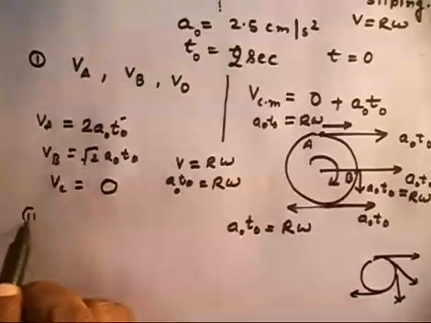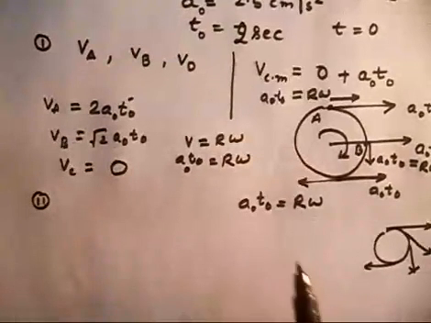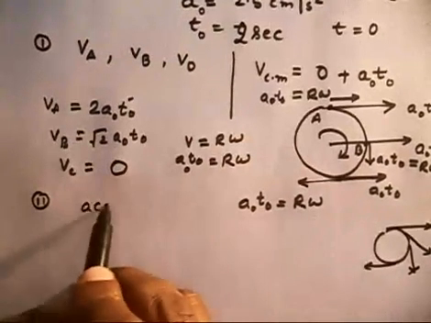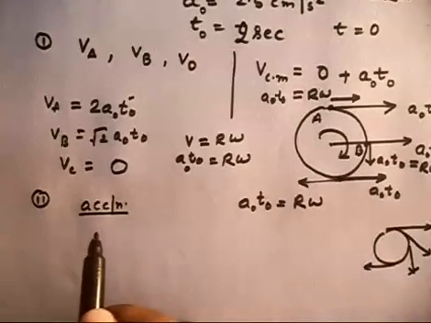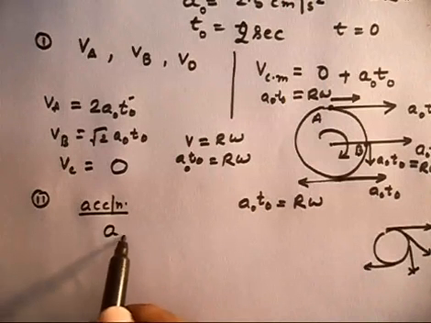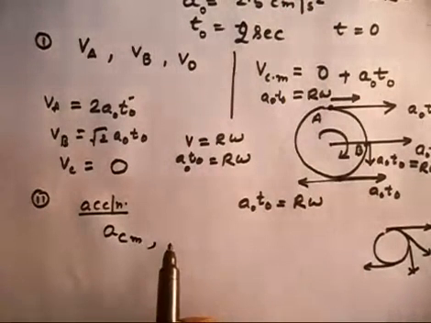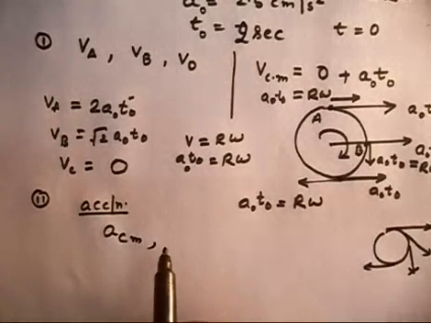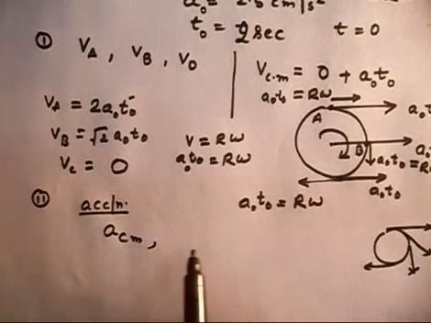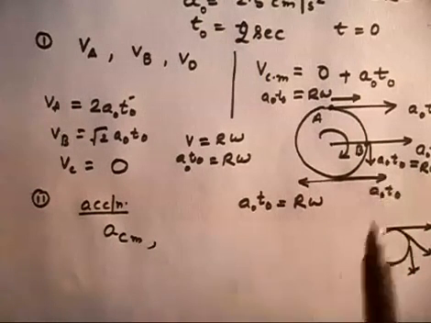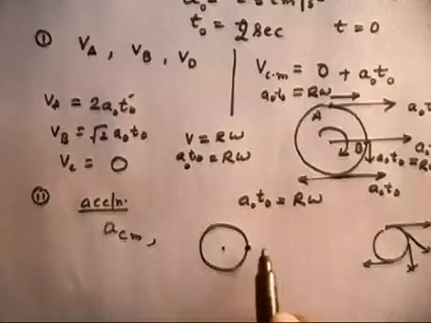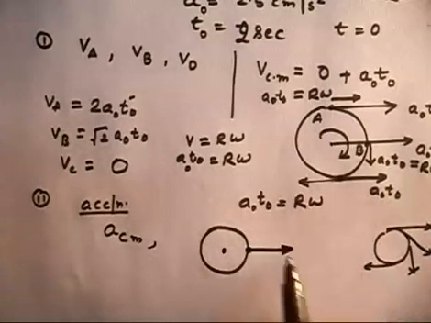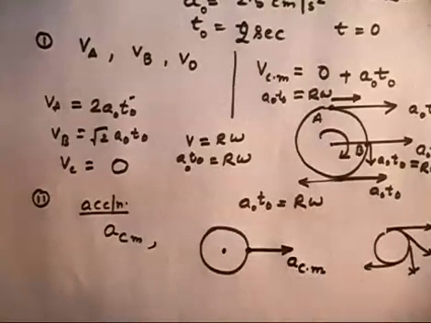Now come to the second part. This part asks what is the acceleration of these points. In circular motion we have two accelerations. One acceleration is due to the acceleration of center of mass and the other is due to this rotational motion. Any point will have one acceleration component due to the center of mass.